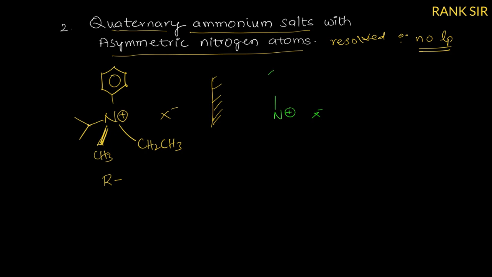This is the phenyl group, and we can write the ethyl group. Next, the methyl group, and this is the isopropyl group in the dotted line. So these two are enantiomers.